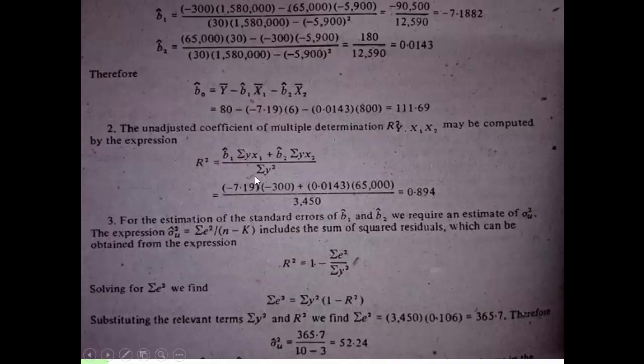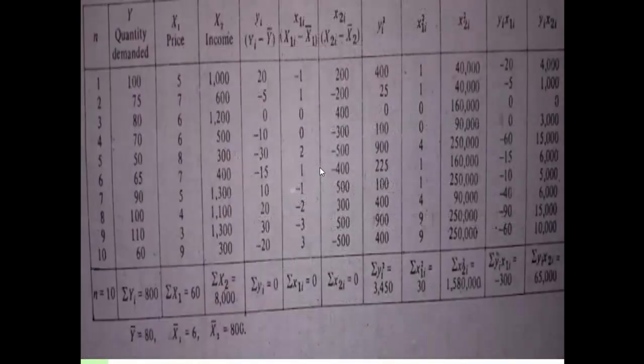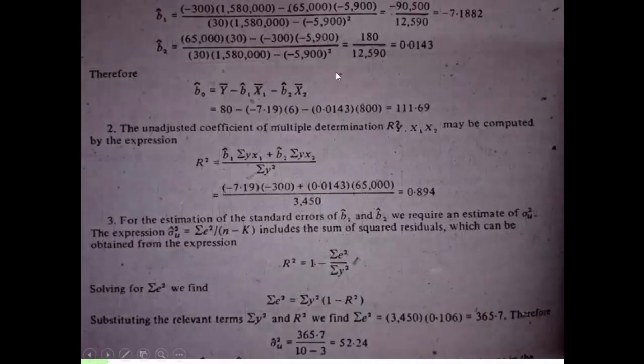The next step is to calculate the R square, which is B1 hat summation x1y plus B2 hat summation x2y divided by summation y square. The value of B1 hat is minus 7.1889, into summation x1y, which is minus 300, plus B2 hat, 0.0143, into summation x2y, which is 65,000, divided by summation y square, which you see in this table is 3,450.